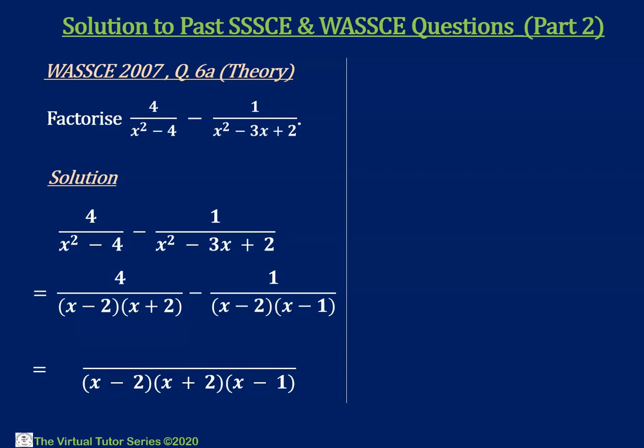So, into bracket x minus 2 times into bracket x plus 2 into the LCM is x minus 1, giving us 4 into bracket x minus 1.